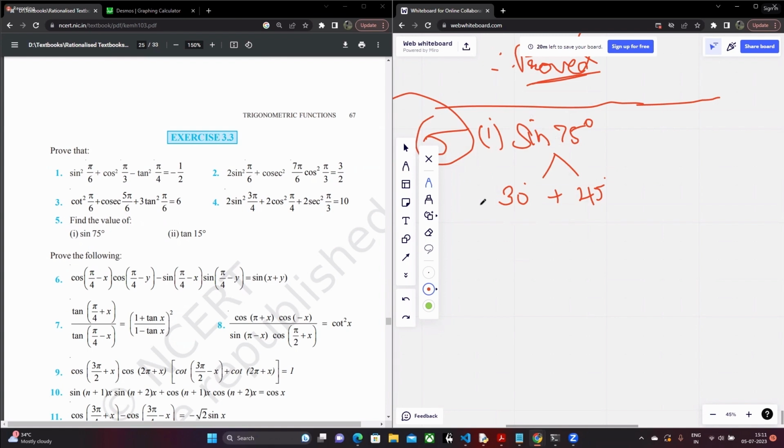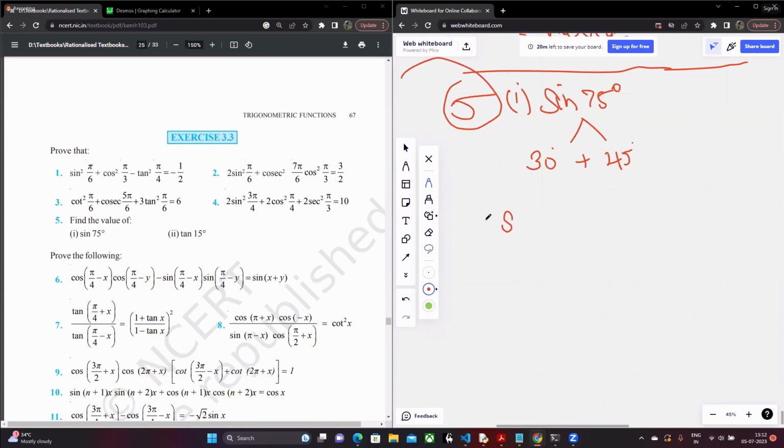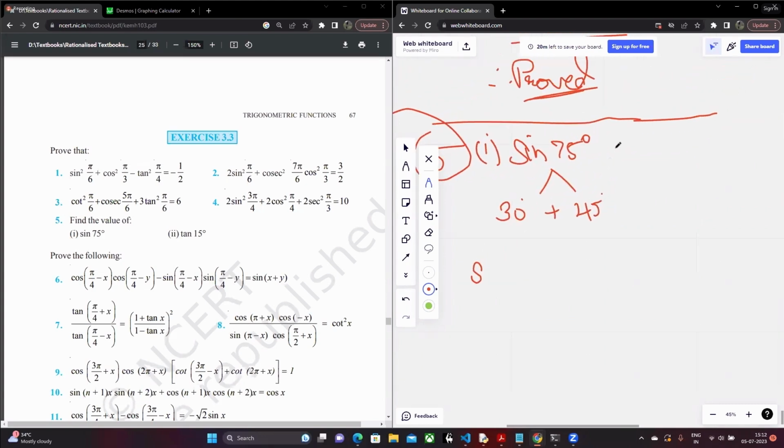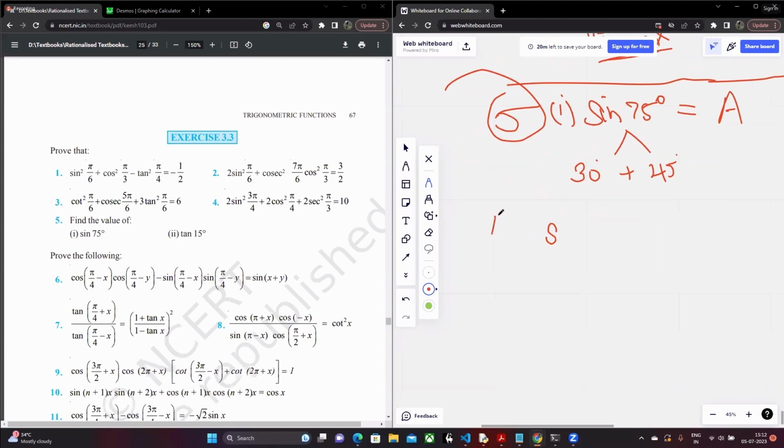Quite a digression, right? So this is 30 plus 45, that's 75, right? And 30 and 45 are standard angles. So let this be A, A for answer.